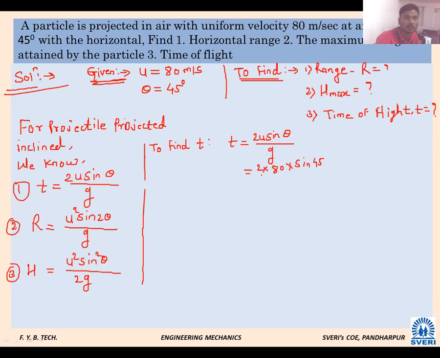Do you have it? Take 5 minutes. First, T is equal to 11.53. Okay, 11.53.